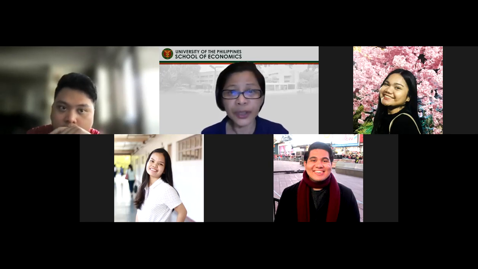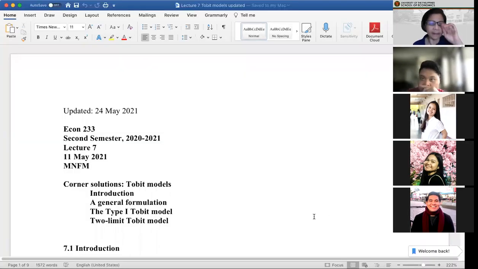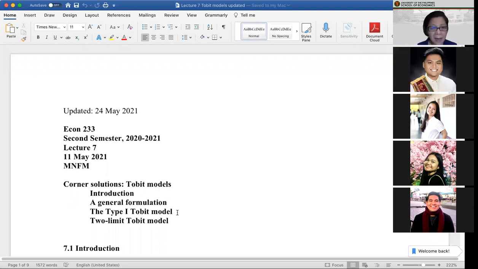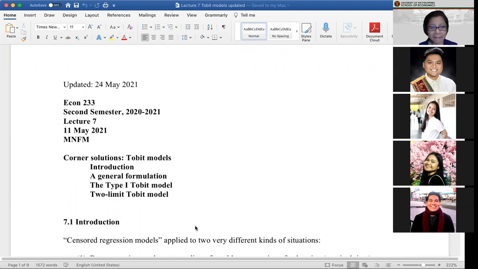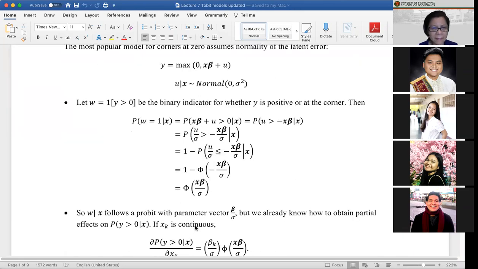Okay, I'll move on to share screen. So we're into the Tobit models. We have started with the type 1 Tobit model. Then we'll finish the two limit Tobit model.